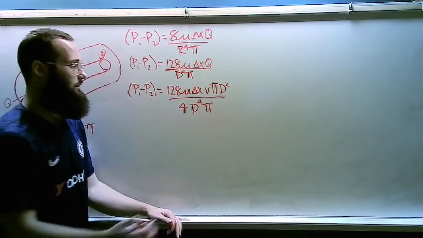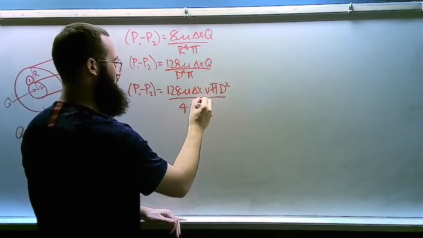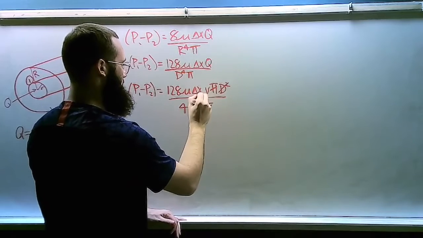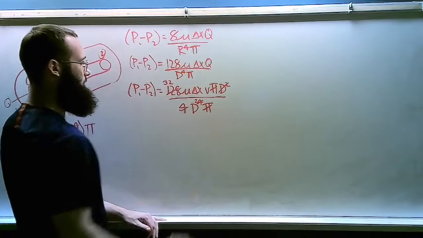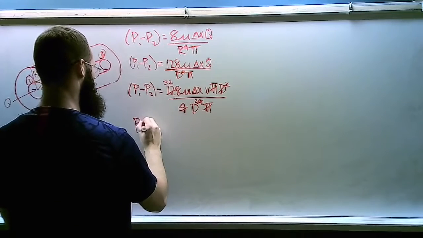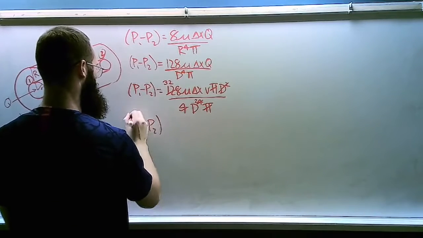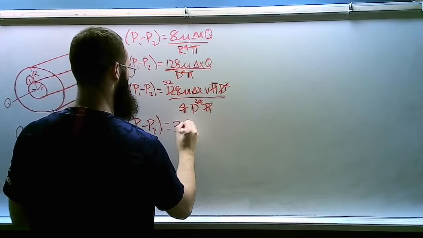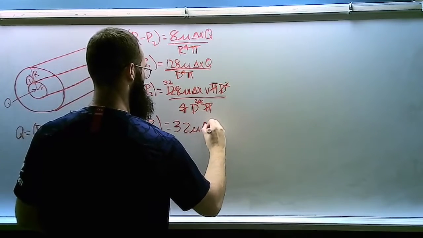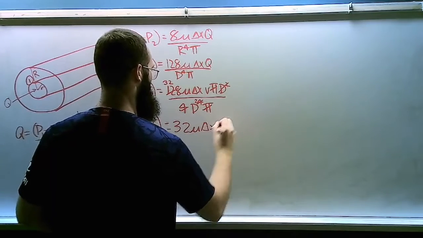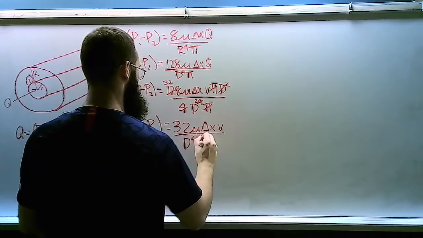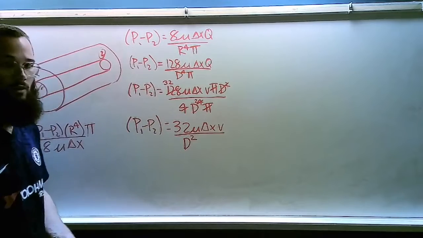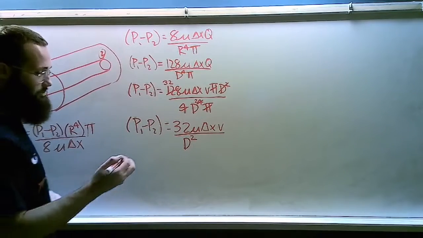So now you see we have some stuff to cancel. Pi cancels, the d squared cancels, 4 cancels, leaves us with 32. And so this leaves us with P1 minus P2 is equal to 32 mu delta x times v all over d squared. So now we need to use Bernoulli's equation.